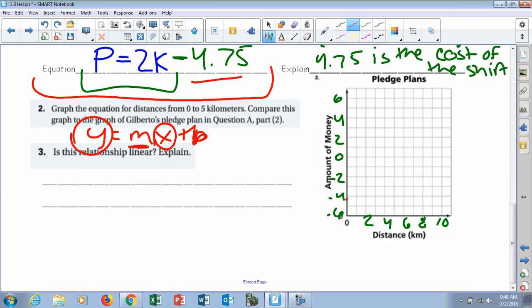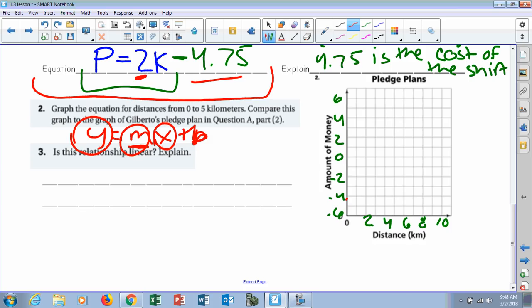And then what is my slope based on that new equation that we just created, Anthony Morisi? I'm sorry? 2, yeah, because here's my slope. It's the m. My m is the slope, and here's my m. So I'm going to go up 2 and over 1 to create this line.